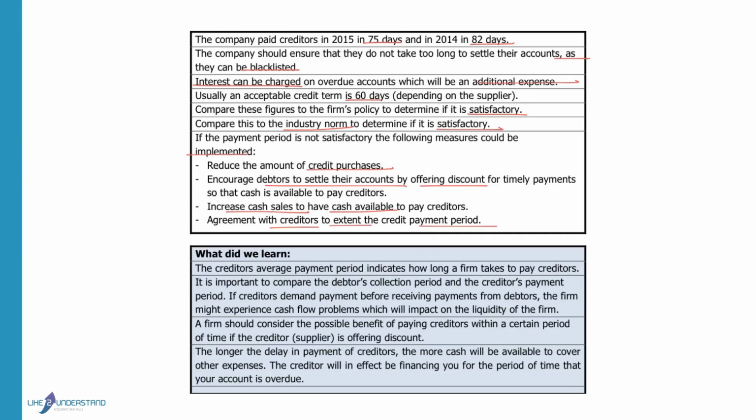The creditors' average payment period indicates how long it takes the firm to pay the creditors. It is important to compare the debtors' collection period and the creditors' payment period, because if the creditors demand payment before we receive money from the debtors, you will experience cash flow problems because you will not receive the money in time from your debtors to pay the creditors, and that will have a huge impact on the liquidity of the business.